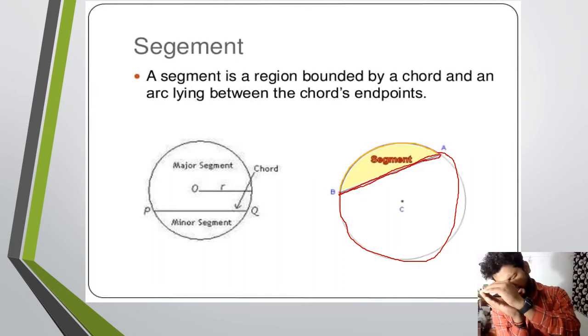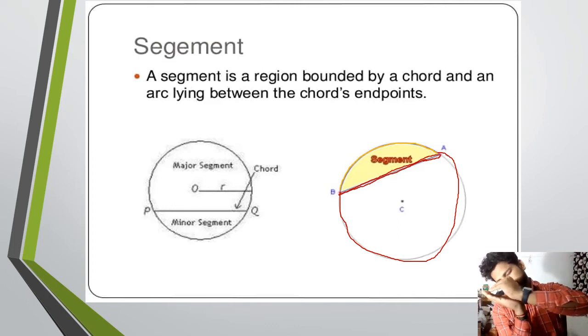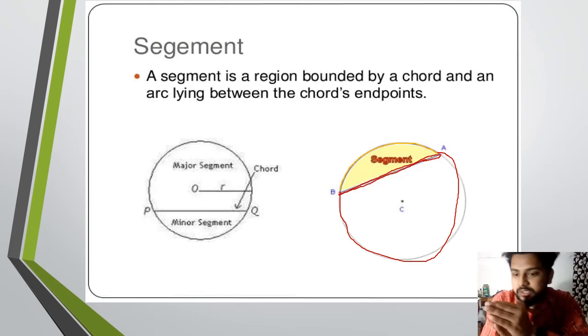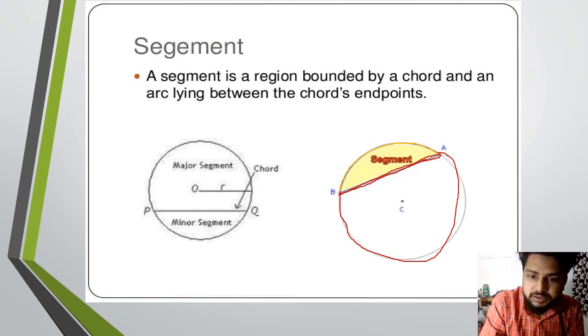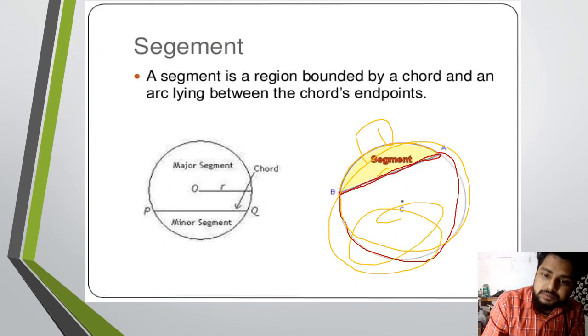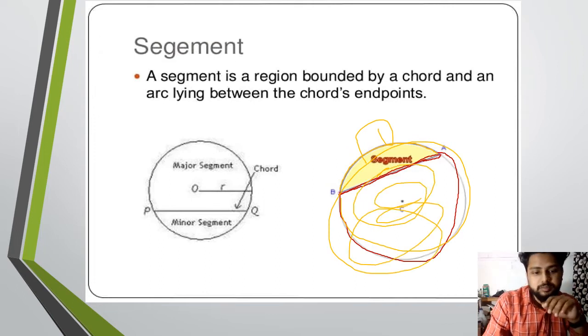The area between these two, you can imagine some area here, all that area is known as the segment. A segment is also classified in two ways: minor segment and major segment. The small area is known as the minor segment, and this big area is known as the major segment.